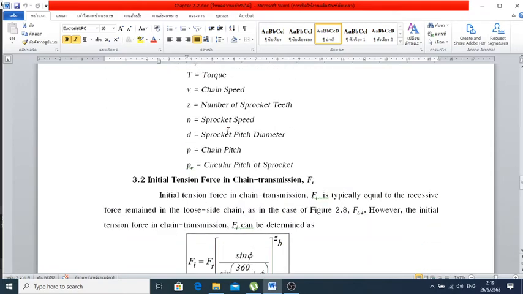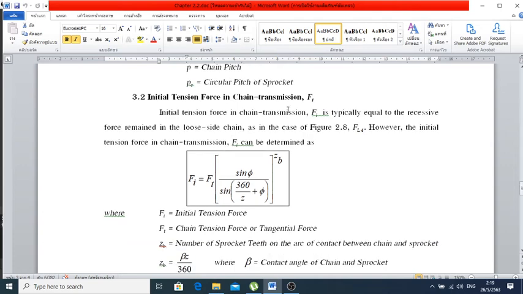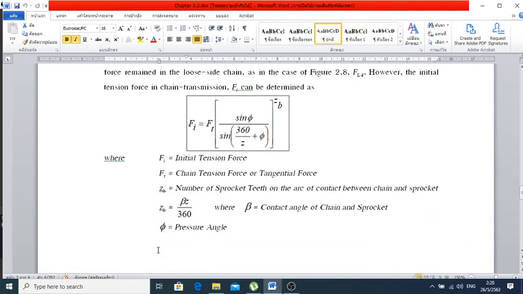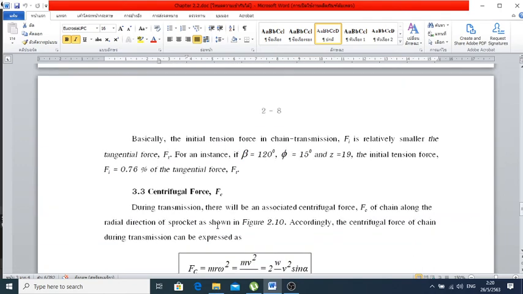And then another term is F sub I, the initial tension force, which can be determined from this equation. F sub I is given from F sub T, Z sub B, the number of sprockets, and C sub B, equal to B times beta times C over 360, where B is the angle of contact and phi is the pressure angle. Typically F sub I is going to be very small.